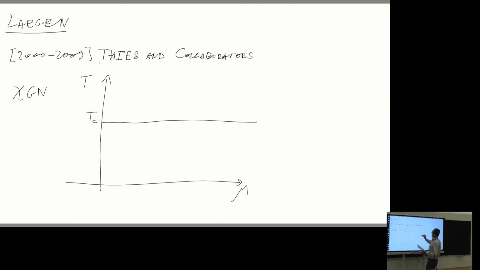Here you have the symmetric phase, the disordered phase, in which the chiral condensate vanishes. And here you have a chiral spiral, so the condensate is not constant, but oscillates with x.